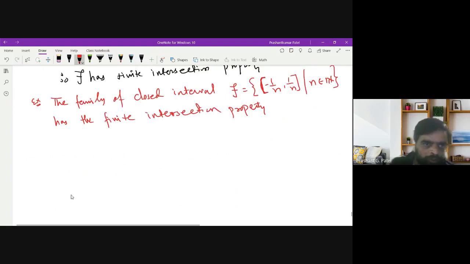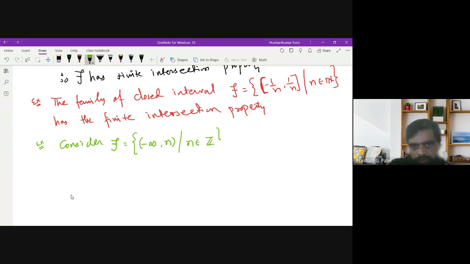Let's take another example. Let us consider this family. Consider script F as minus infinity to n, where n belongs to Z. If you consider this family, then this family also has the finite intersection property.